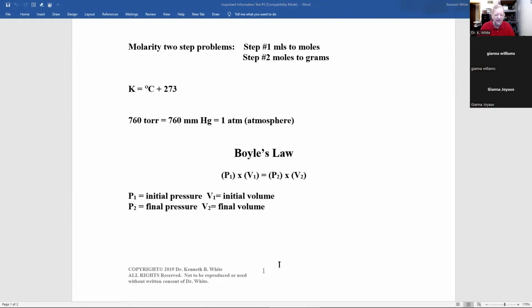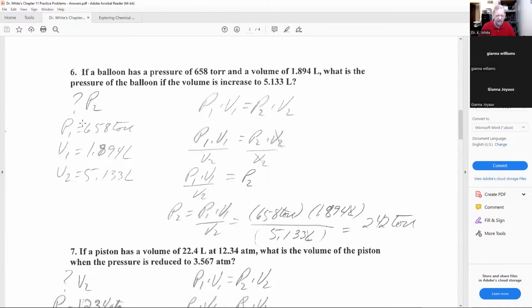But anyways, now, if you look over here, you're trying to find a pressure, and all you're dealing with is pressure and volume. Immediately that tells you Boyle's law, which you're given, P1 times V1 equals P2 times V2. Now, we want to solve for P2, which means we want it alone on one side. How do we get rid of V2 to have P2 alone?